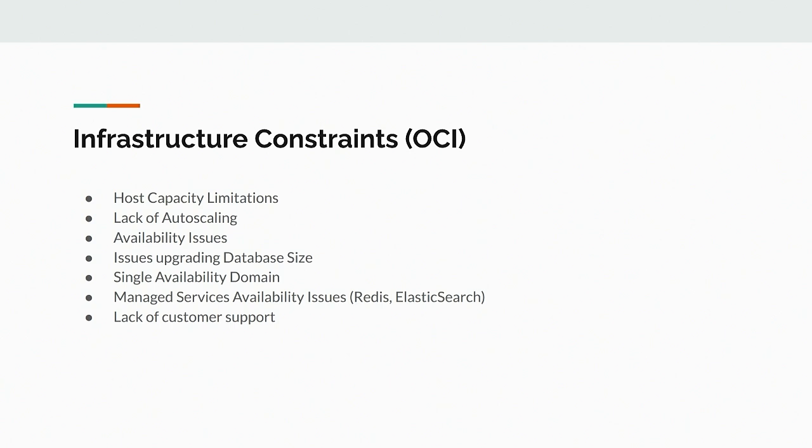And we got managed services availability issues in Redis and Elasticsearch as well, because all of these managed services at the backend use CPU or memory resources. So the main issue was with Oracle, with their CPU and other resources.